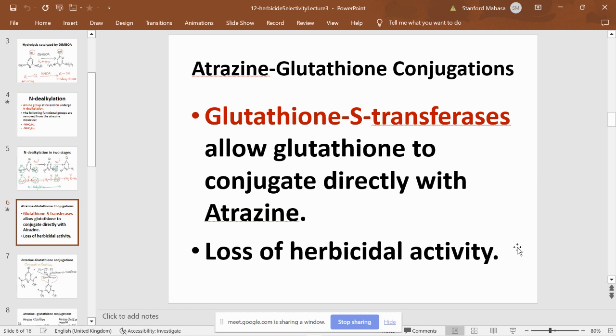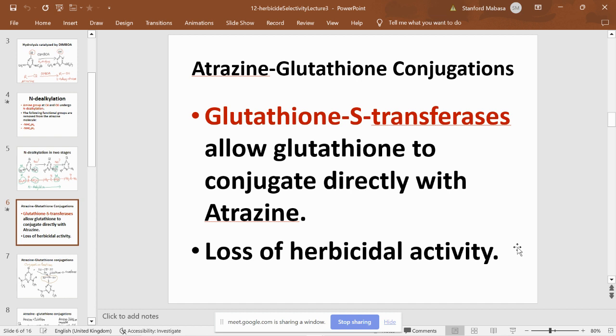Again, atrazine can also undergo conjugation reactions with glutathione, what we call atrazine glutathione conjugation. The enzyme involved is glutathione S-transferase, which allows glutathione to conjugate directly with atrazine, and as a result, its herbicidal activity is lost.